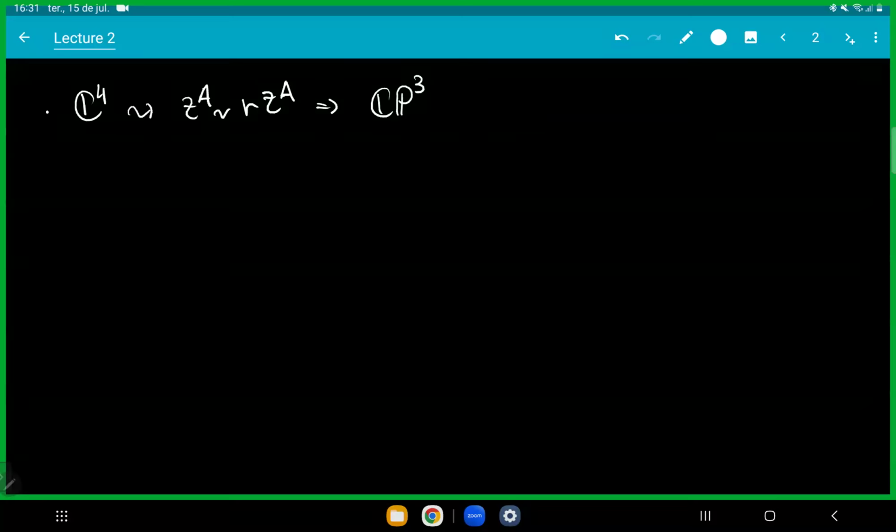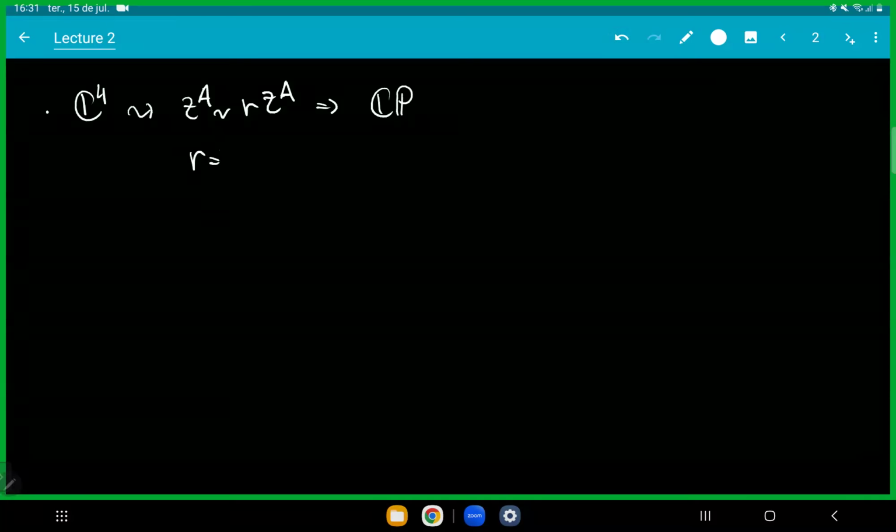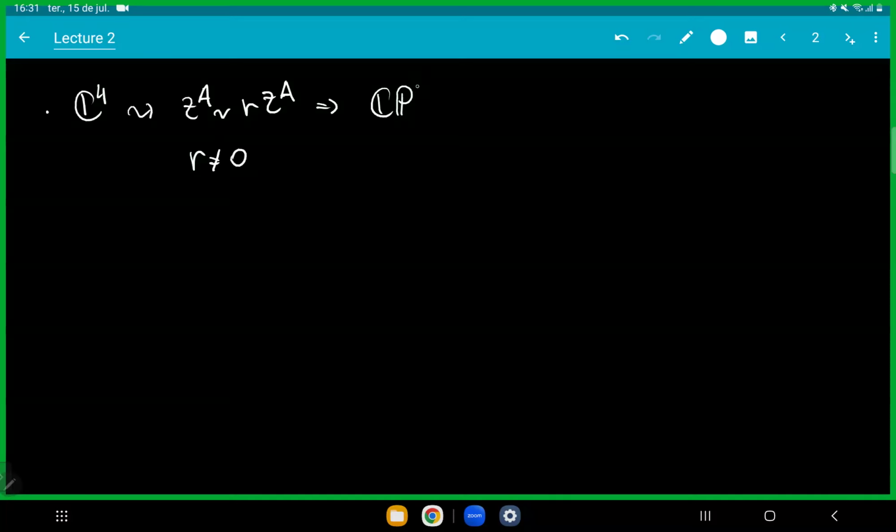Each component scales in this way, where r is a nonzero complex parameter. So this is CP3.